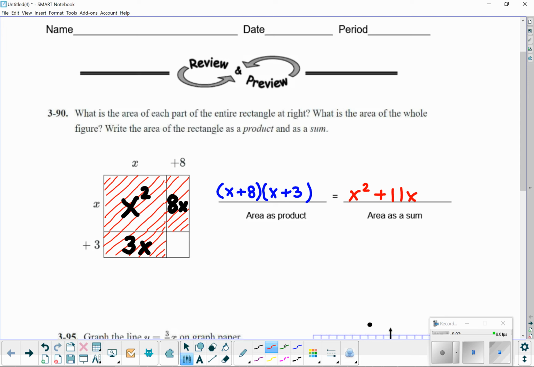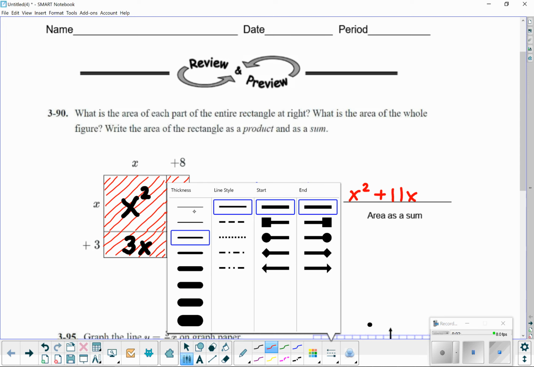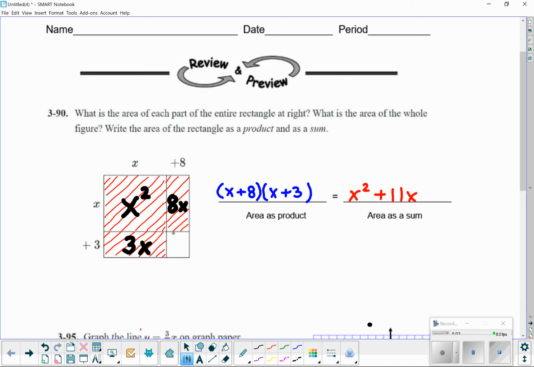And finally, I'm going to figure out the area for that last part right there. That's going to be 3, and we know it's 3 because this is 3. So that's 3 times 8.